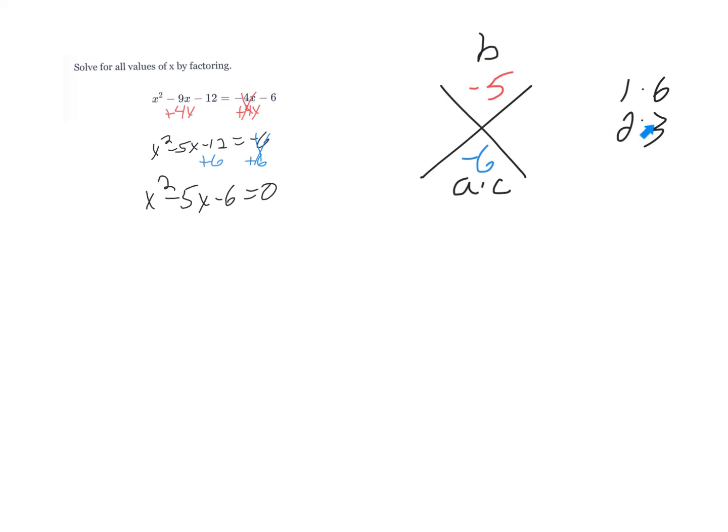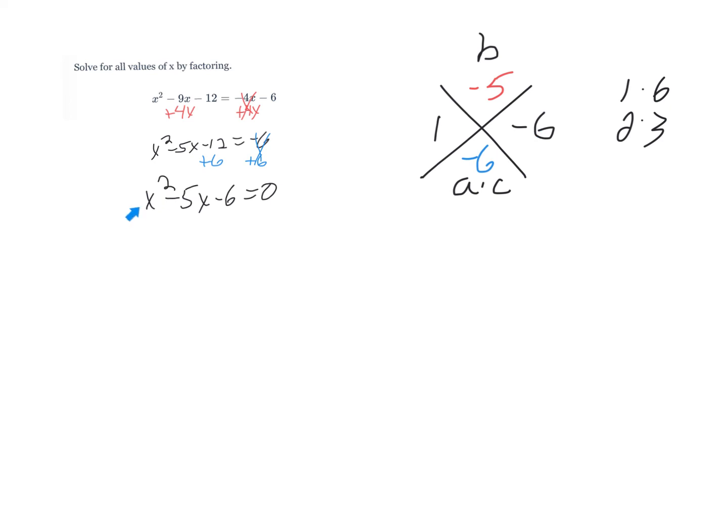And if we need these to add together to equal a negative 5, we're going to need to use 1 and negative 6, because 1 minus 6 equals negative 5, and 1 times negative 6 equals negative 6.